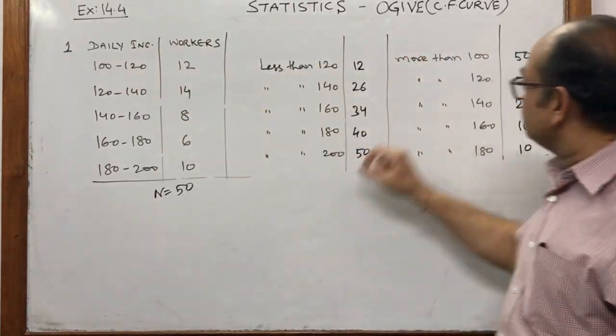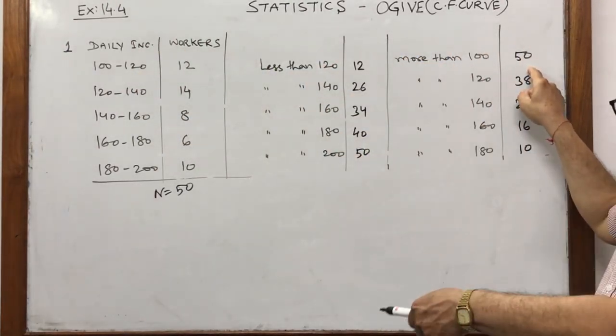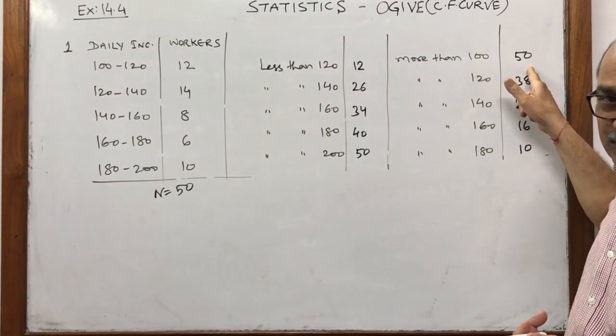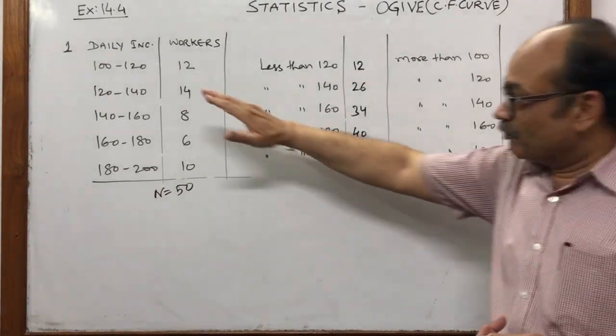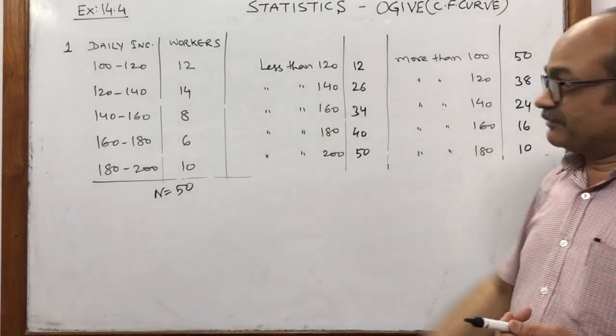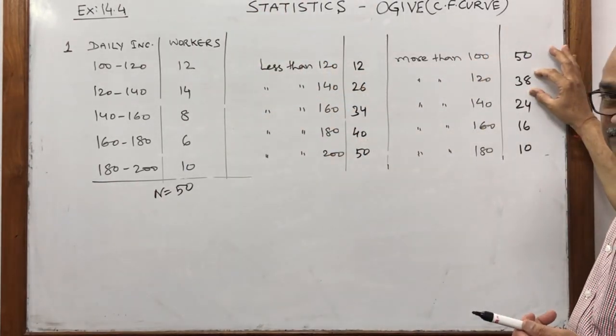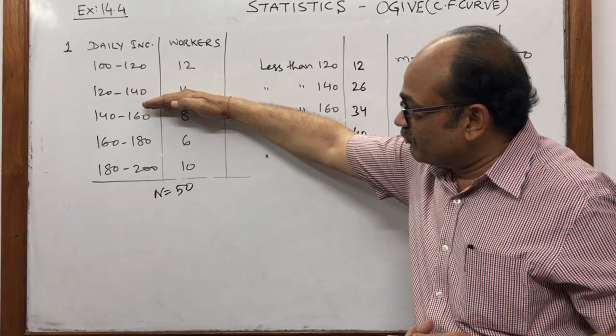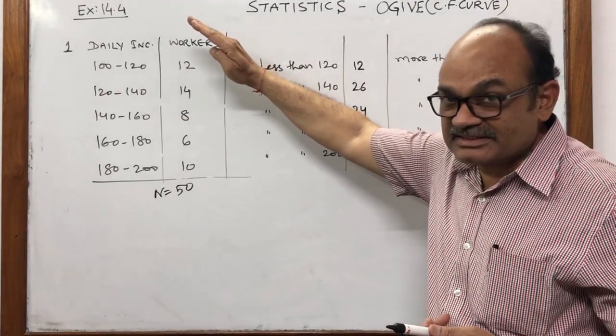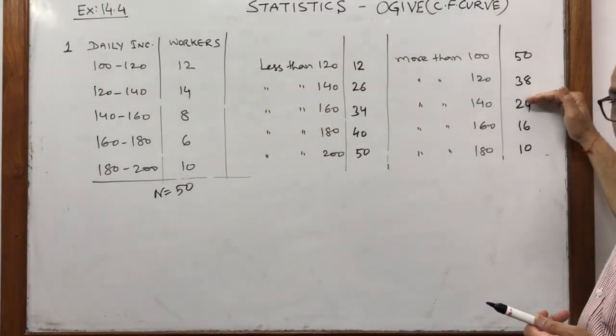More than 100, how many? All are getting more than 100 rupees: 50. More than 120, it means this 12 we have to leave, that means 38. Then more than 140, leave this 26 out of 50: 24.